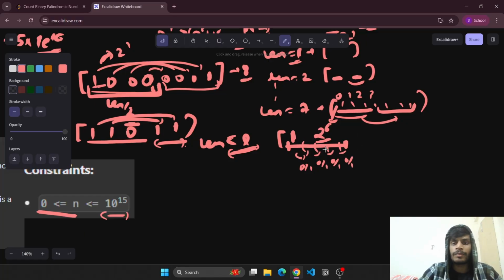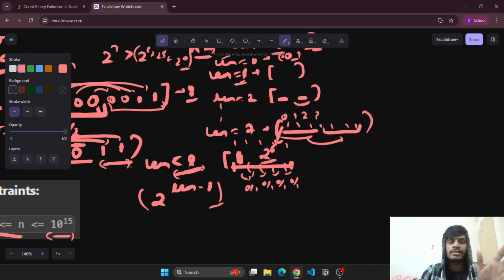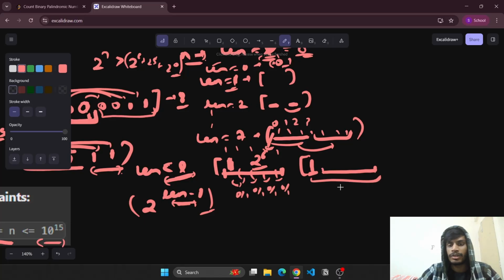That means the number of possibilities we have here, suppose it is 1 1 1 1 1, so the maximum number that we will be able to get is 2^(length minus 1). Suppose here length was 5, so it will be 2^4. So for all those binary strings which have a length less than L, our answer will simply be 2^(length minus 1), because we can make the first bit 1 and freely choose the remaining, till ceil of length by 2 positions.